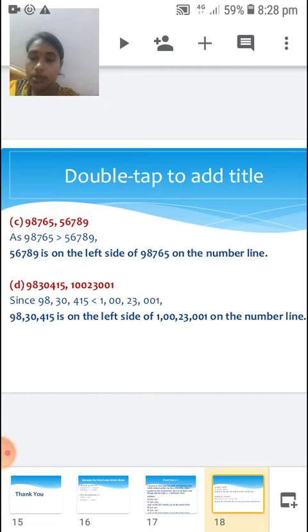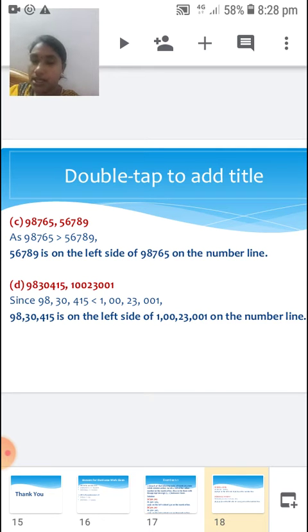98,30,450 will be present on the left side and 1,23,001 will be present on the right side. Okay. So the sign indicators will represent that 1,23,001 will be greater than 98,30,415.